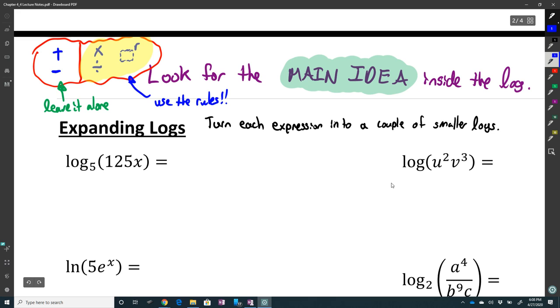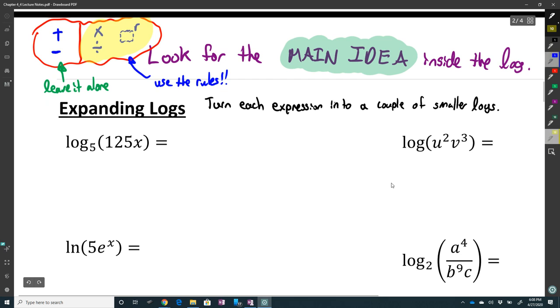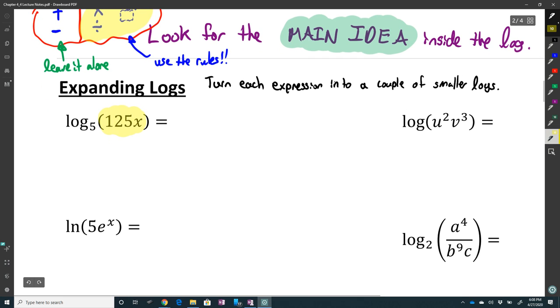All right. So let's look at this first one. I look on the inside, and I see that this is 125x. So what's the main idea? The main idea is that it's multiplication.